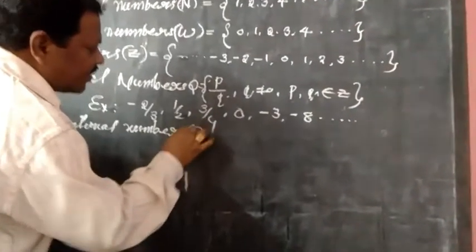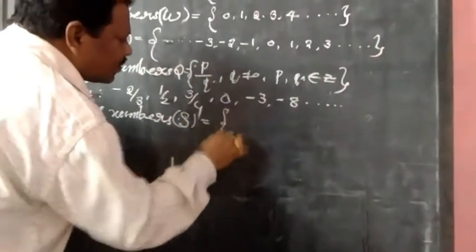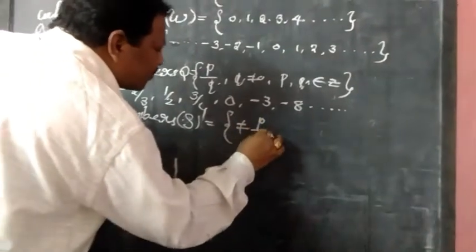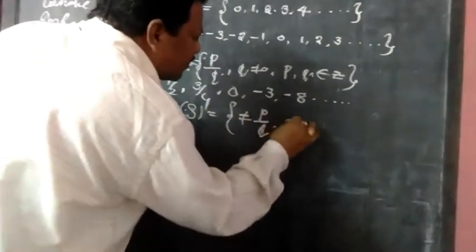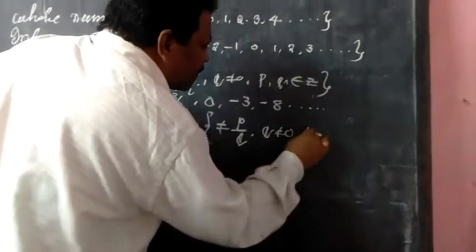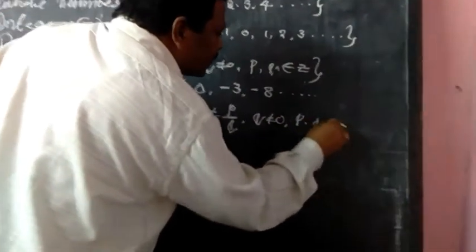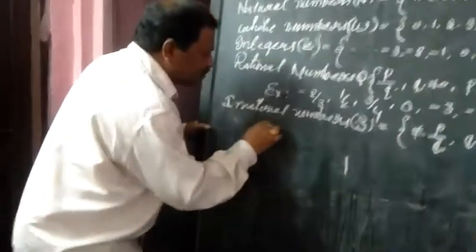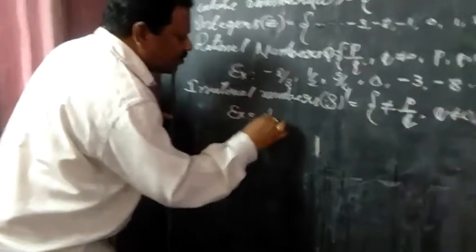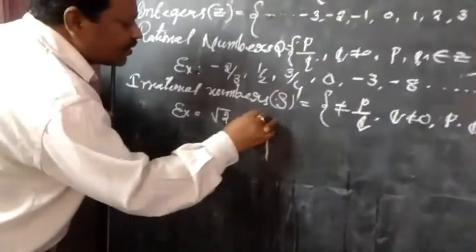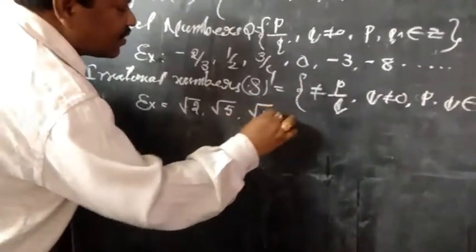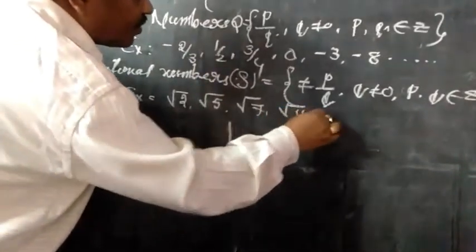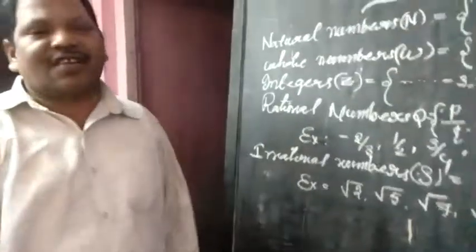It is represented by S. S is the set of numbers not equal to p by q, with q not equal to 0, p and q belonging to J. Understood? Examples: √2, √5, √7, √11 and so on. These are examples of irrational numbers.